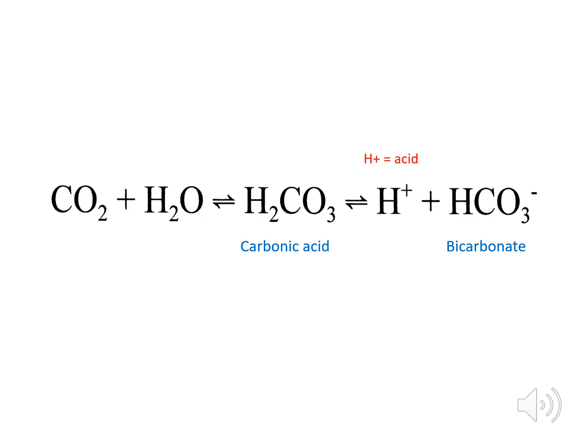Carbonic acid is a weak acid, and it's also an acid that can be easily broken down into carbon dioxide and water, and then we can exhale the carbon dioxide, right? So what this buffer system does is it changes strong acids into weak acids, and then that weak acid can be broken apart and exhaled from the body. Does that make sense?